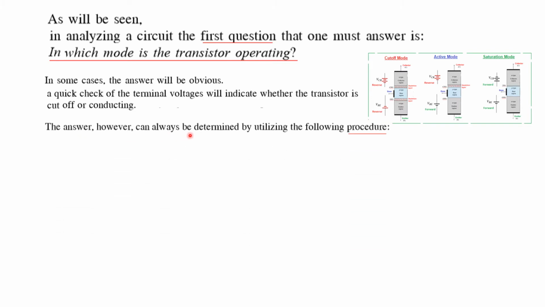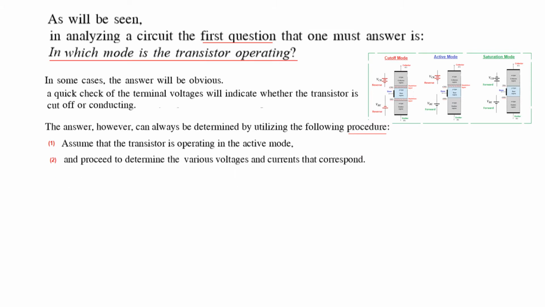Okay, the answer, however, can always be determined by utilizing the following procedure. So you keep in mind this procedure. Assume that the transistor is operating in the active mode. That is the first assumption we have to make. And proceed to determine the various voltages and currents that correspond to this active mode. And after we have determined the voltage and current, then we check for consistency of the result with the assumption of active mode.